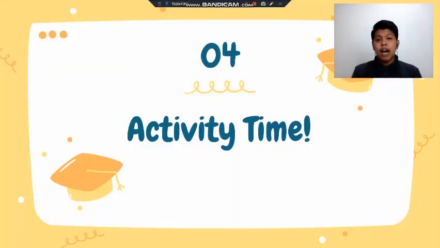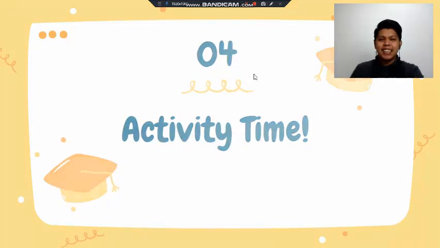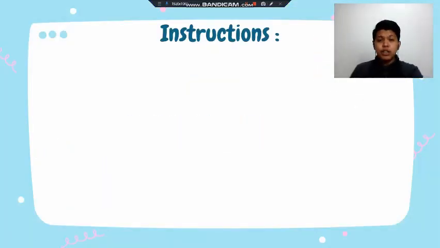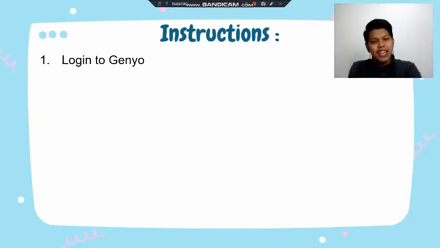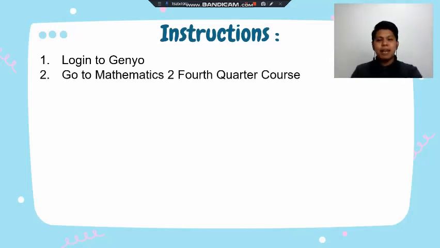Now that you know what to use when you are measuring things, let's have activity time. Here's your activity for today. Instruction number 1 is to log into Genio and go to your mathematics fourth quarter course.